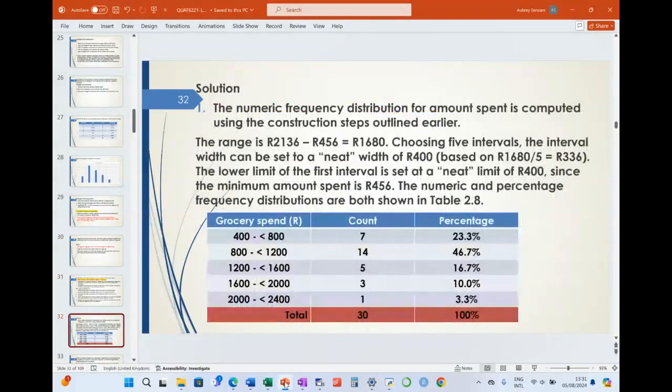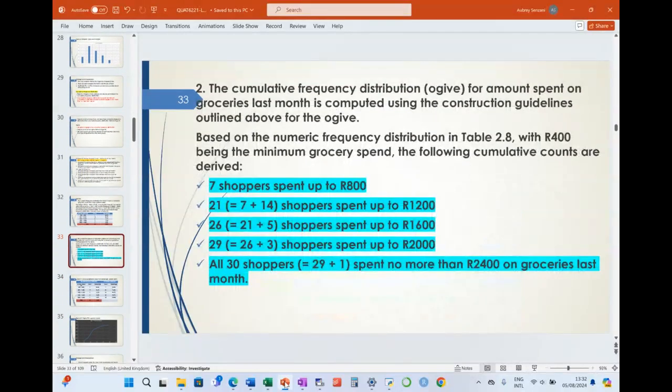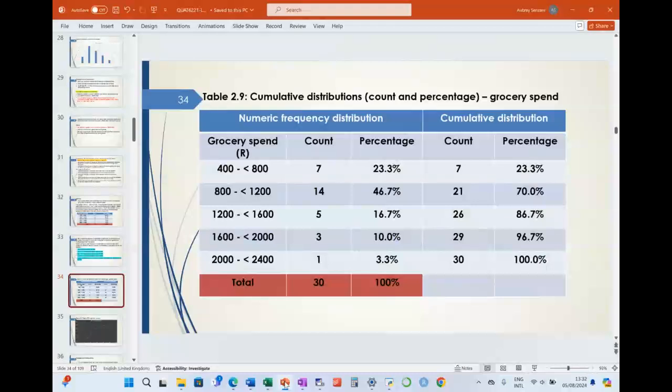I want us to look at this. Again, we've grouped our data. We've counted how many fall into the respective groups. We've got our percentages. So this is now the cumulative aspect.